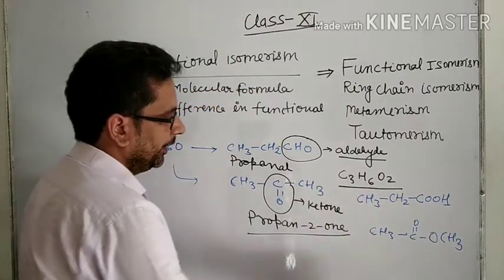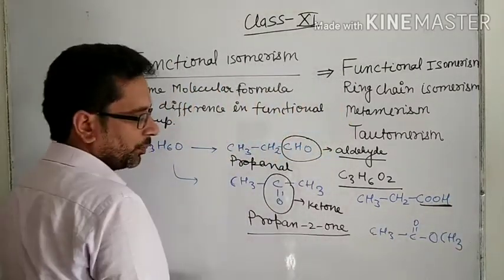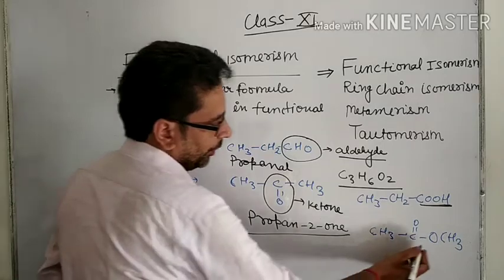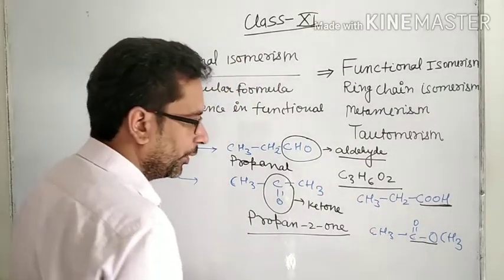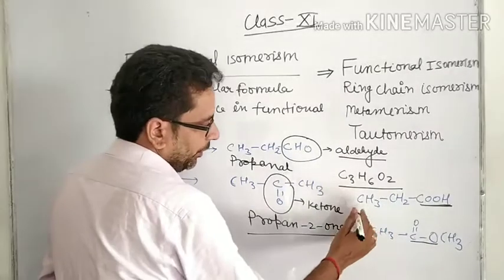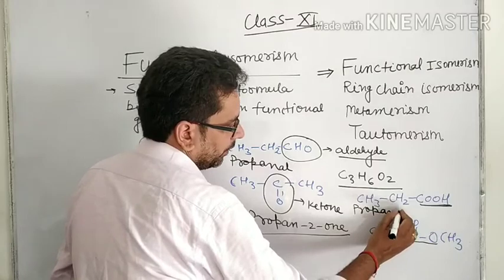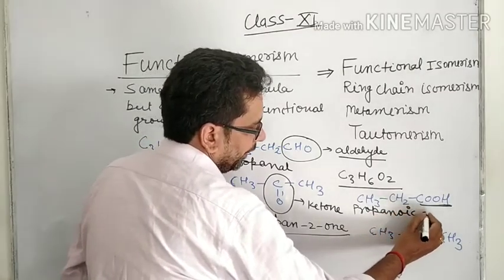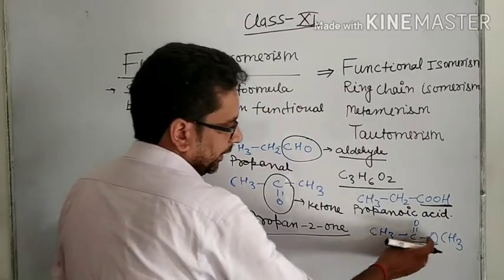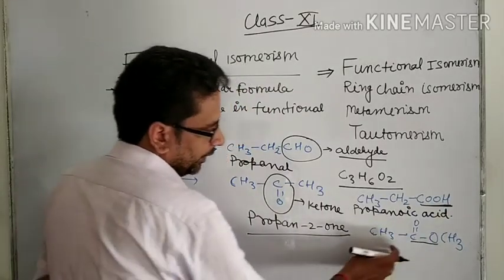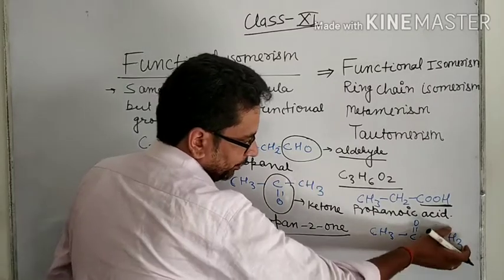Now look here, a carboxylic group is present, and here this group is the ester group. The name of this compound is propanoic acid. And what is the name of this? Here this is the ethanoate, and here methyl.